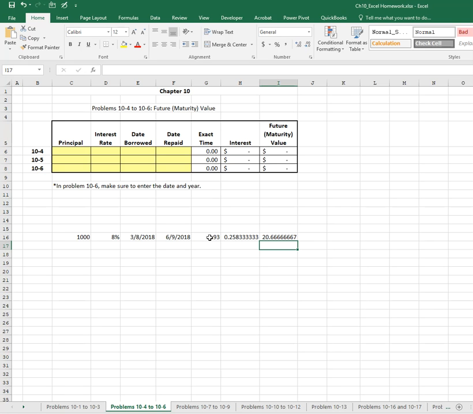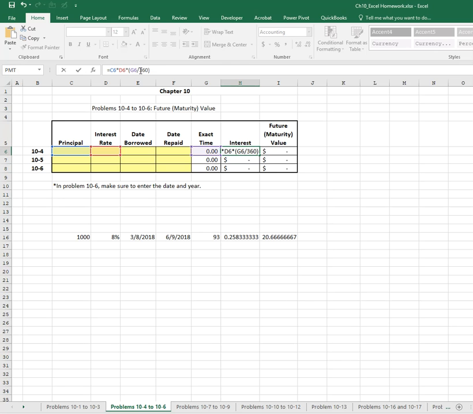Now, the formula that the book has in here for interest does just what we did. Interest, or the principal, times the annual interest rate times the portion of the year that we actually used it. And sometimes I think it's helpful for you to put a parenthesis around the portion of the year so that makes sense to you.